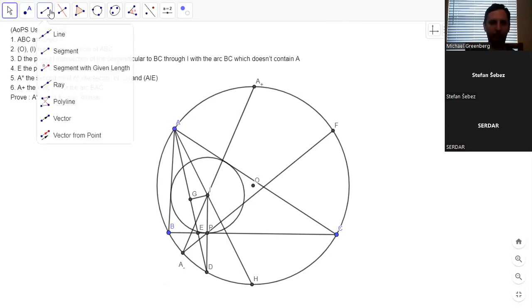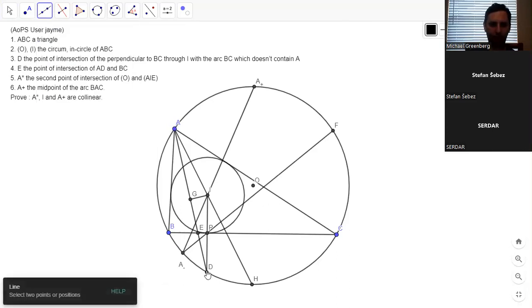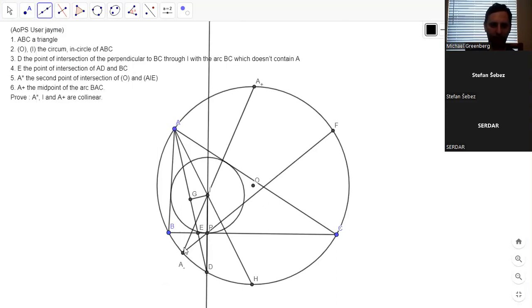But yeah, that's kind of interesting because it means basically if we draw this and then we draw this, we're saying that this is parallel.